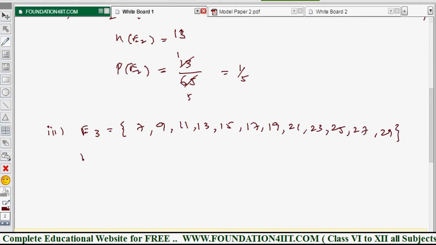That's it. So n of this event is 12 numbers. Then the probability of the card drawn being an odd number less than 30 is 12 by 65.